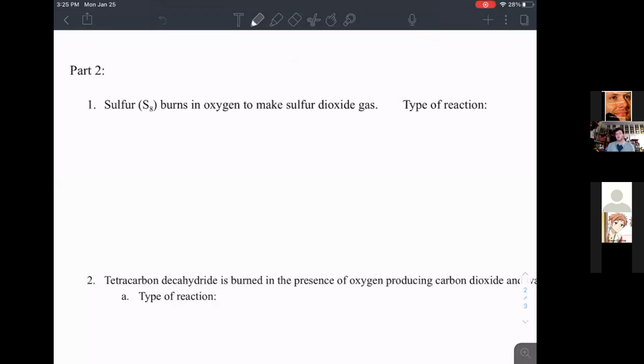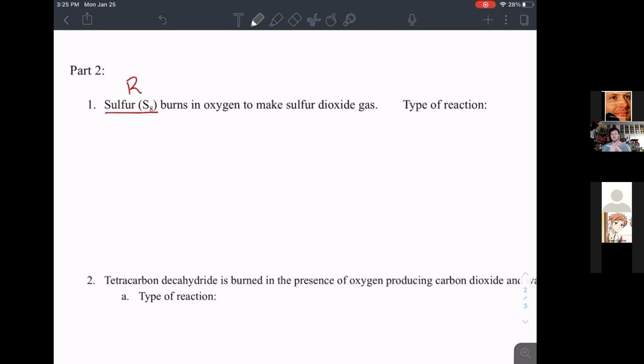Is that a reactant or is that a product? Reactant. And remind me, what does reactant mean? I'm going to put an R. Which side of the chemical equation is the reactant? Left. The left side. That's what we start with before that reaction happens. So we have sulfur as a reactant.